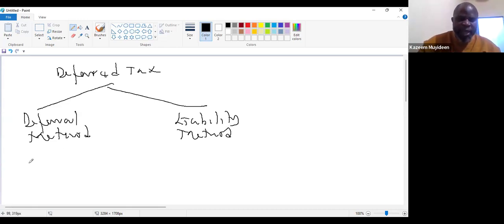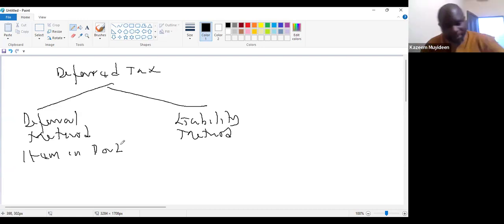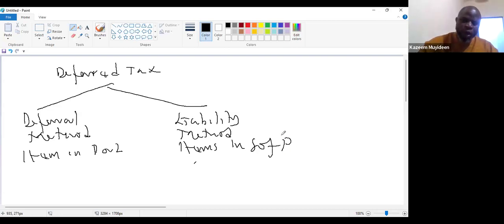If it makes use of items in the P or L, you are using the deferred method. That's why you are seeing depreciation and capital allowance. But if we give you items in the statement of financial position, SOFP, you are using what? Liability method. Which one is the most popular one? Liability method.